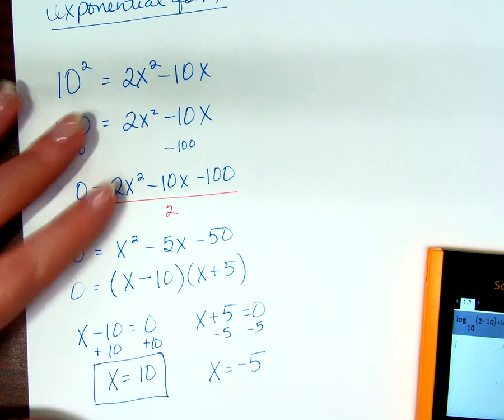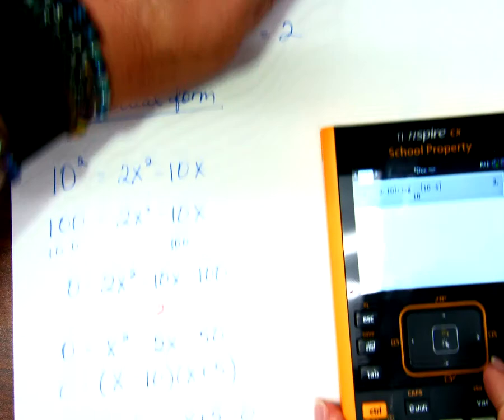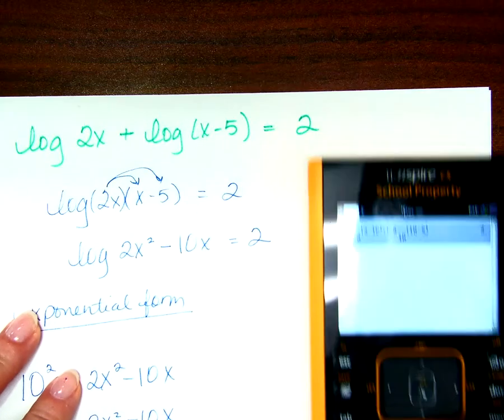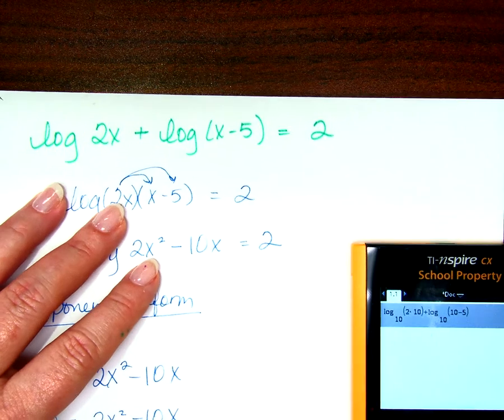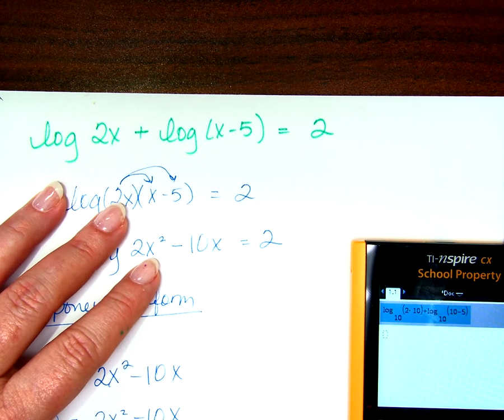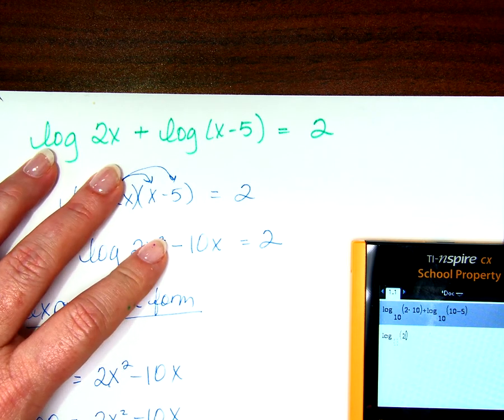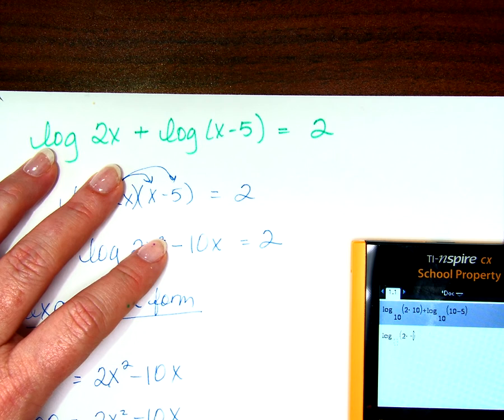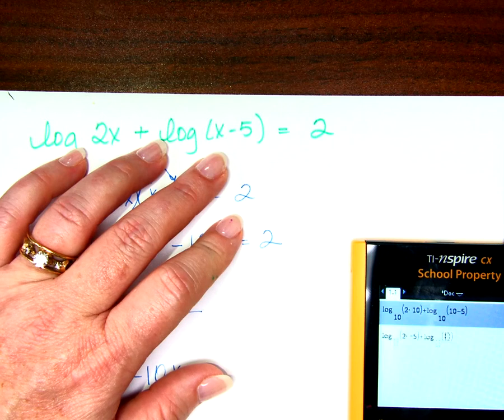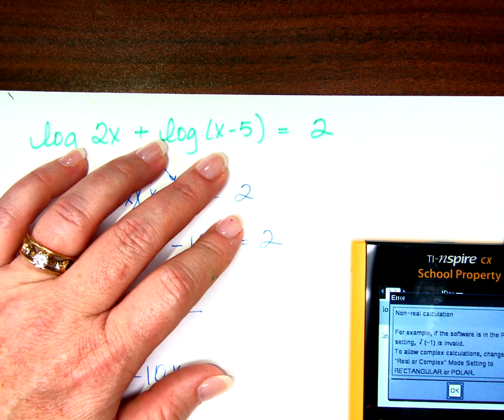It is correct. Now I need to check the other one just to make sure. Okay, x equals negative 5. So, log base 10. I'm just not going to put a base this time, and you'll see what happens if you don't already know. That's okay. Log of 2 times negative 5 plus log of negative 5 minus 5.